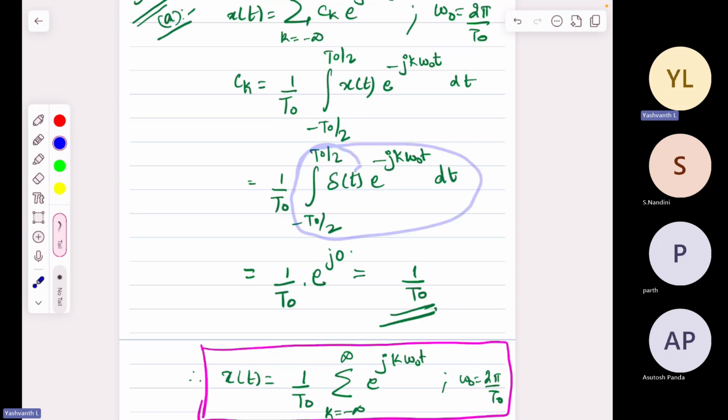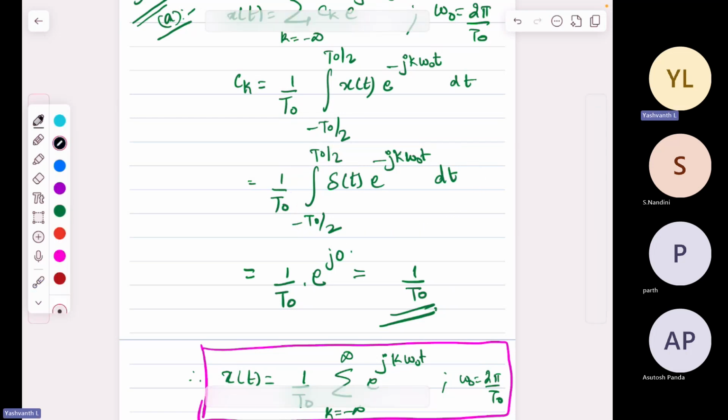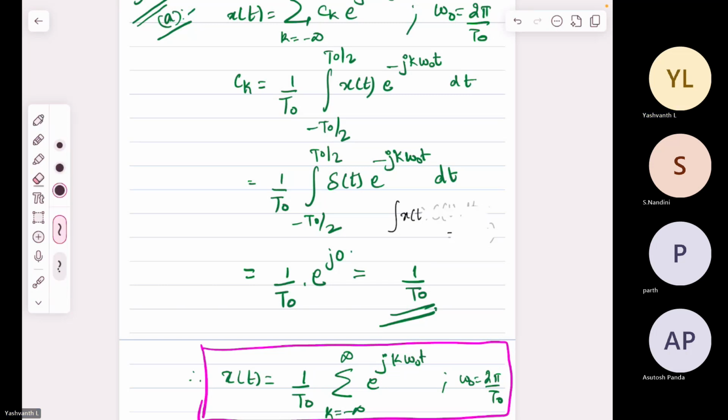First, we recall that the integral of x of t into delta of t dt is the same as x of 0. This is our shifting property, or more generally, the integral of x of t into delta of t minus t naught dt is equal to x of t naught. This is what we wrote.